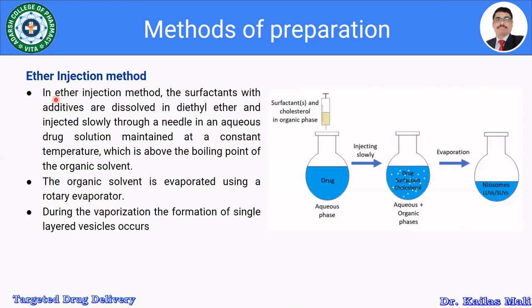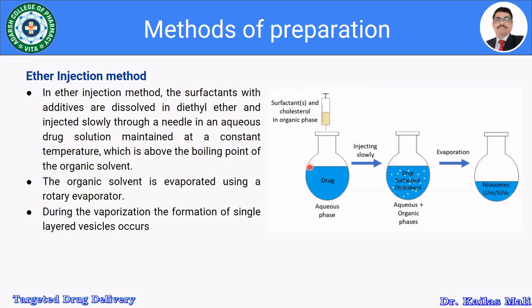In the ether injection method, the surfactants with the additives are dissolved in diethyl ether, that is the organic solvent, and injected slowly through a needle into an aqueous drug solution maintained at a constant temperature which is above the boiling point of the organic phase.